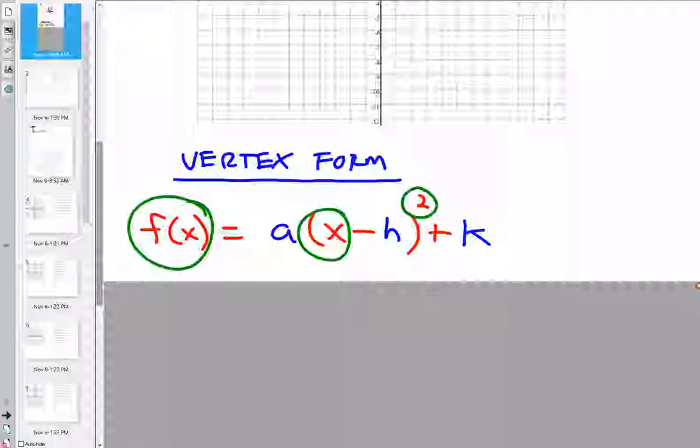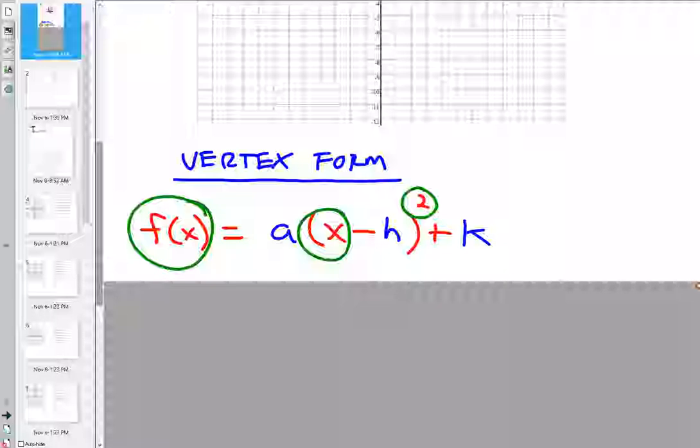But besides that, the new numbers that I'm introducing, which are the numbers that are going to get that parabola and stretch it and flip it and slide it and do all that other good stuff to it, are A, H, and K. And guess what? We recognize all of them. Where do you recognize A from? You saw it yesterday. Yesterday, A was the number all the way out in front. Today, A is a number all the way out in front. And the good news is they're exactly the same. This A is exactly the same as yesterday's A.